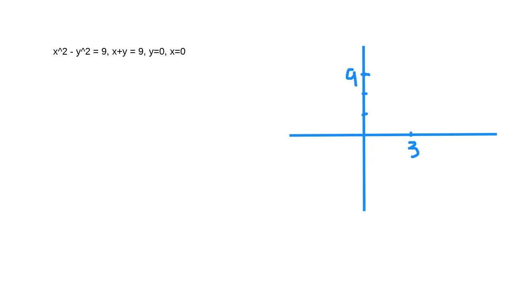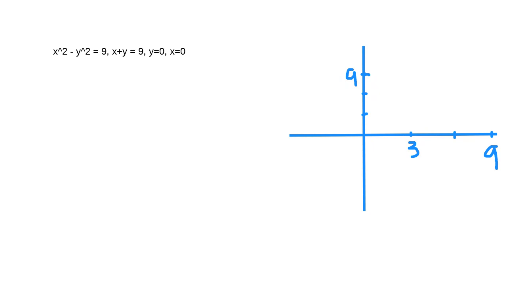So let's have this point. Then the other one is 3, 6, 9. So I have 9 here. Okay, if x is 0, y is 9. If y is 0, x is 9. Right?